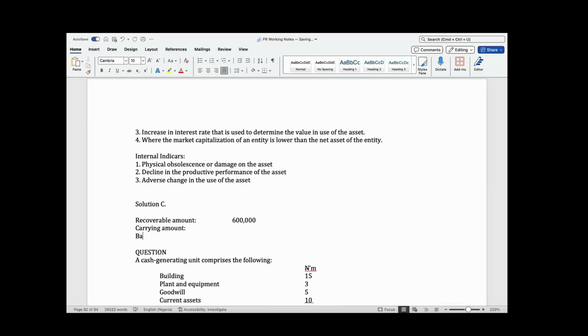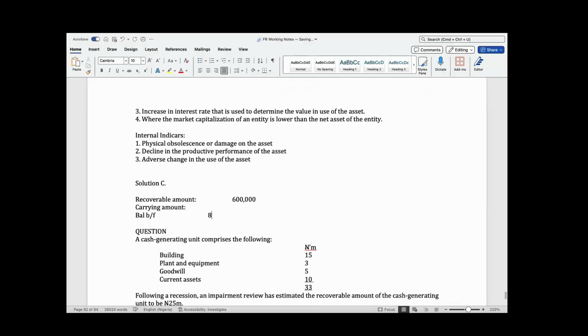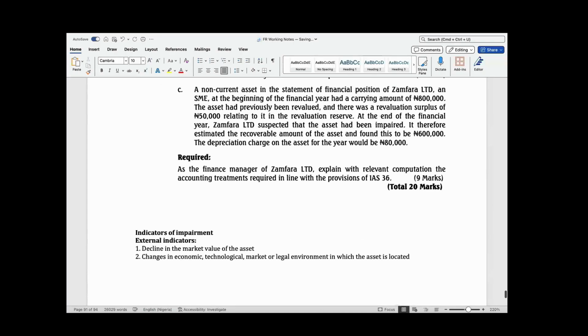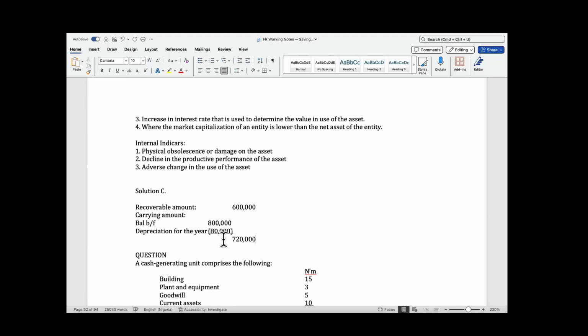Though they didn't give it directly, they gave me the carrying amount at the beginning as 800,000. And they gave me depreciation for the year as 80,000. So if I get the difference between the two, which is 720, in this case, there is an impairment loss of 120.